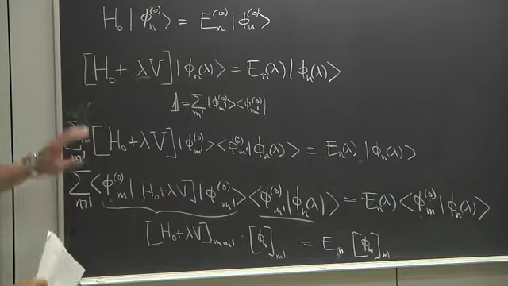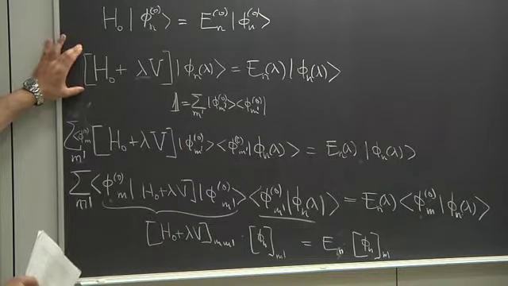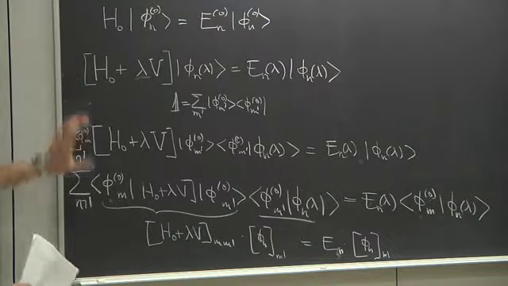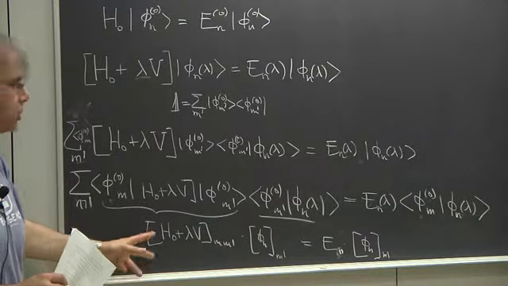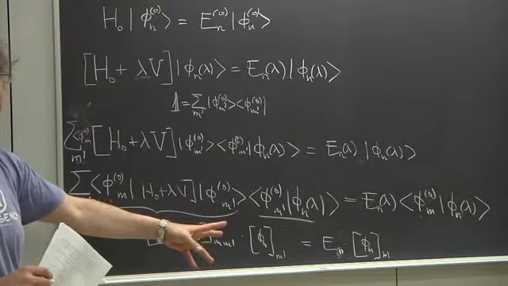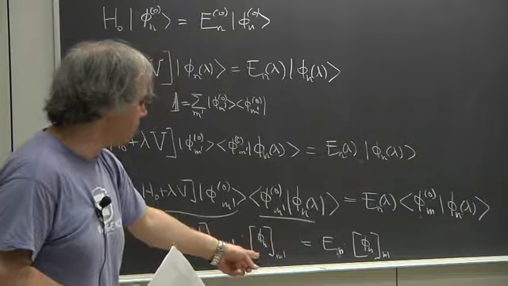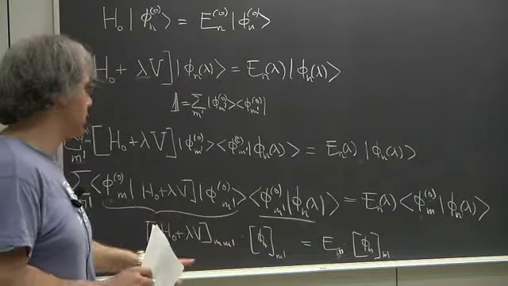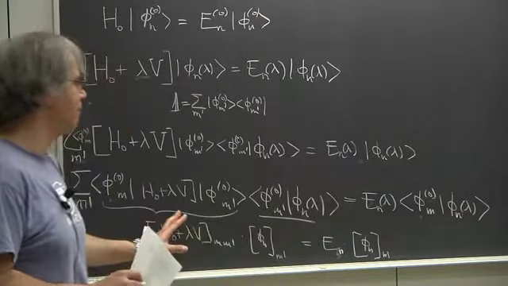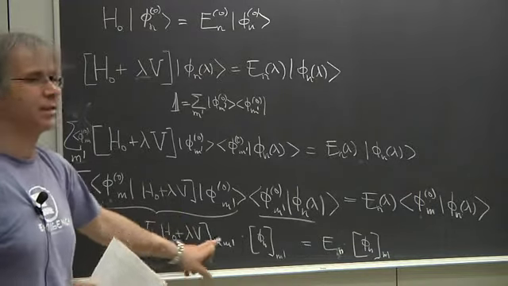This is just a way of rewriting this abstract eigenvalue problem into a practical matrix eigenvalue problem. Okay? So the new eigenvalues and the new eigenvectors are just the standard eigenvalues and eigenvectors of this matrix.